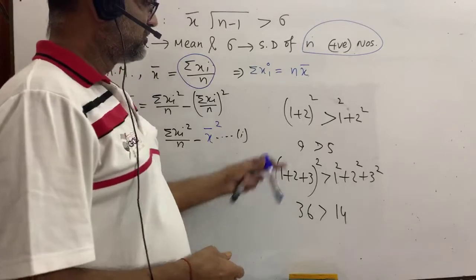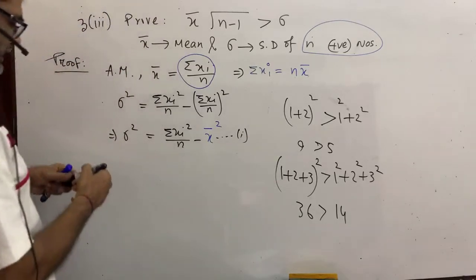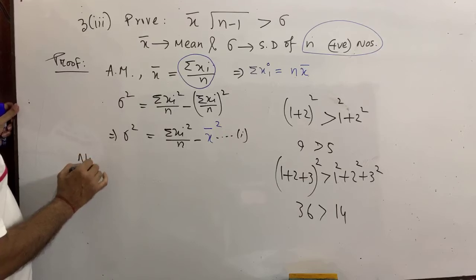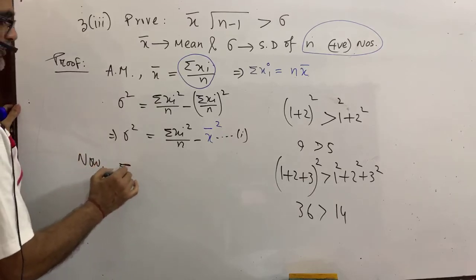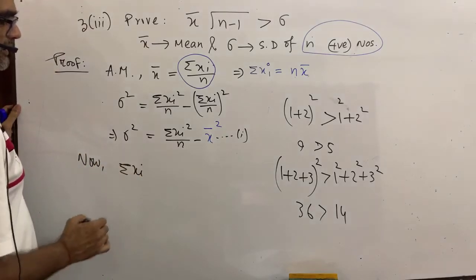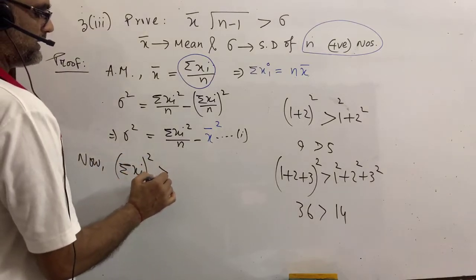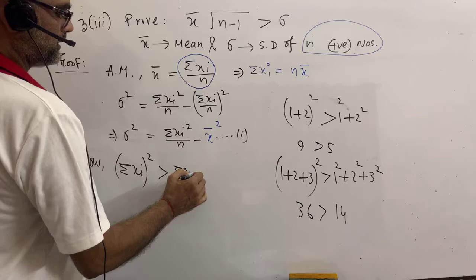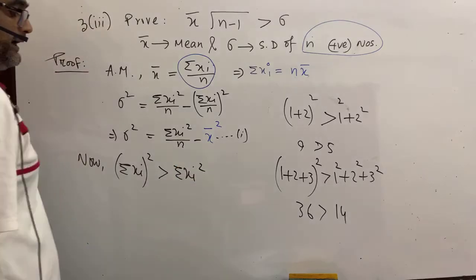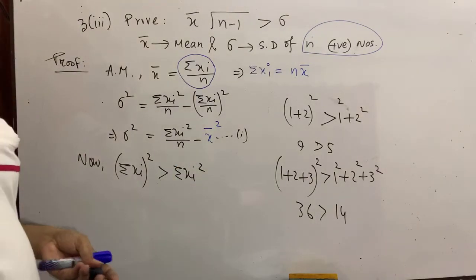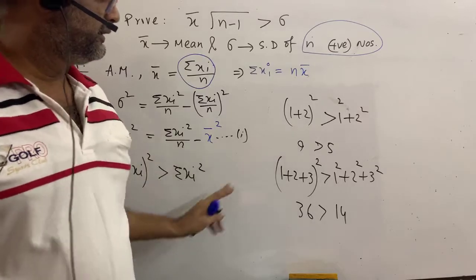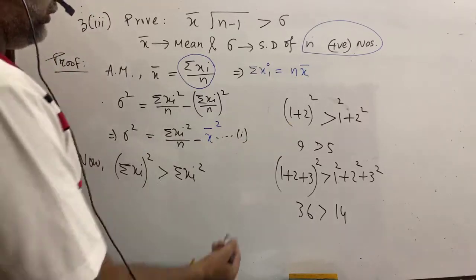So on the basis of this we can write here, now you write down, summation xi whole square is greater than summation xi square. Am I right? Please see and compare this.